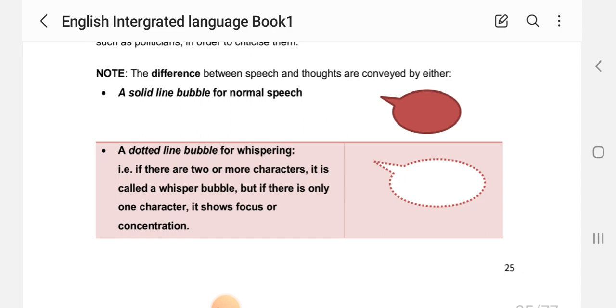As you can see on screen, this oval shape that is drawn in dots means that the character in the cartoon is thinking. If it's just a straight line, then they are talking out loud. A dotted line balloon is for whispering as well. So when they are whispering, we have a dotted line.